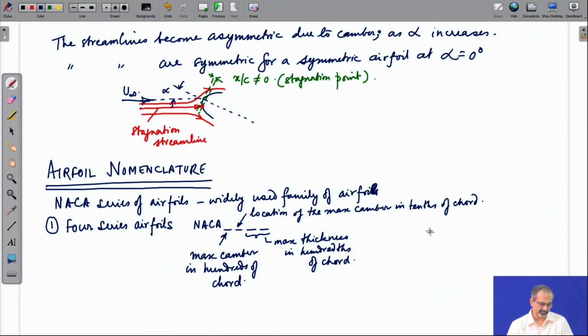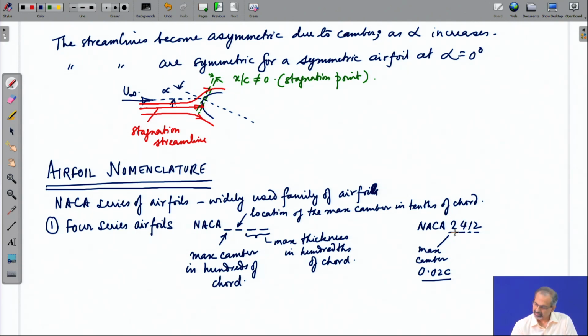So, as an example, if you pick up say NACA 2412, so you have filled up the 4 digits. What that would mean is that you have a max camber of 0.02 C, because it is in terms of hundreds of chord, 2% of chord.